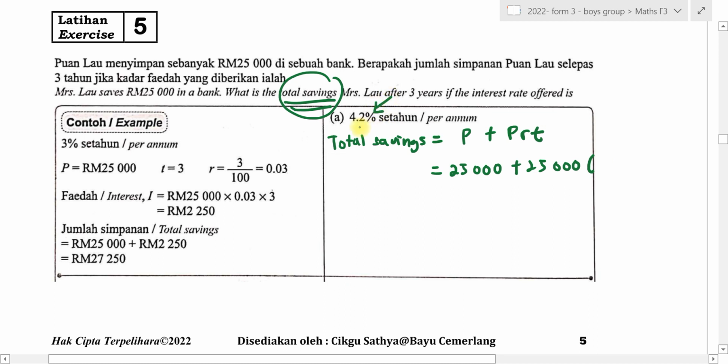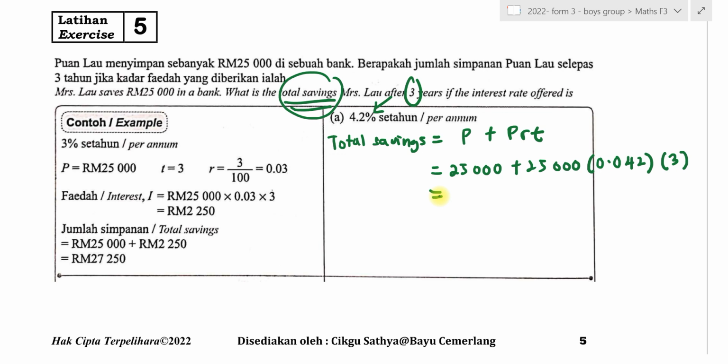Rate follows the question, 4.2, so 0.042, and then the time is 3 years, because the question tells you after 3 years. Okay, how much is this, Haridev? 28,150 is the correct answer.